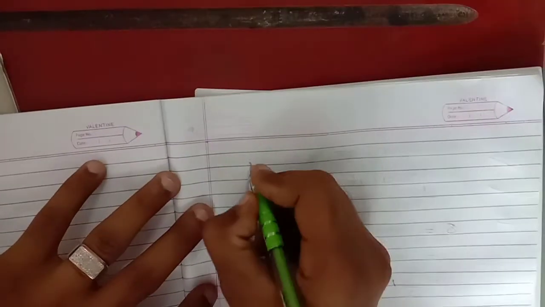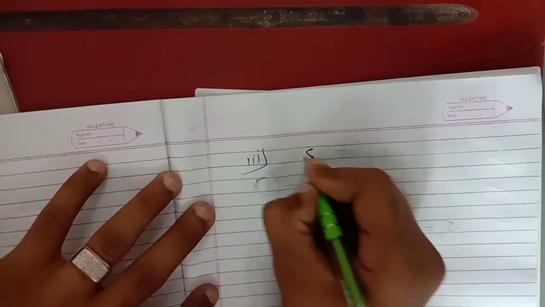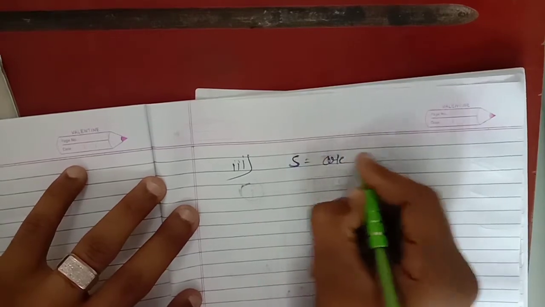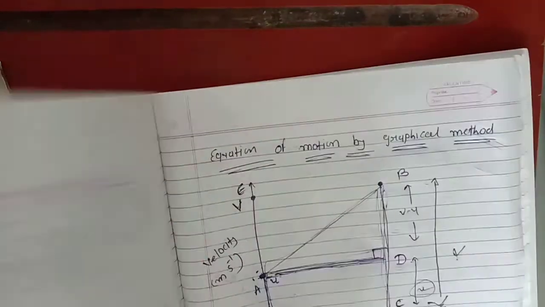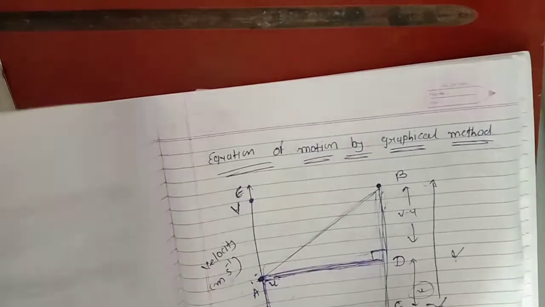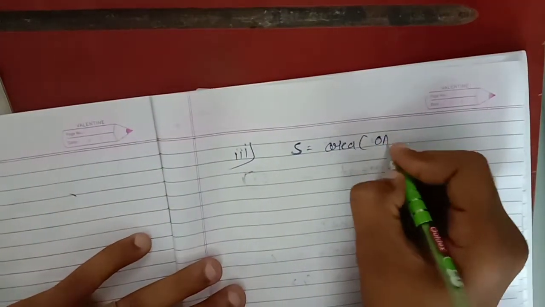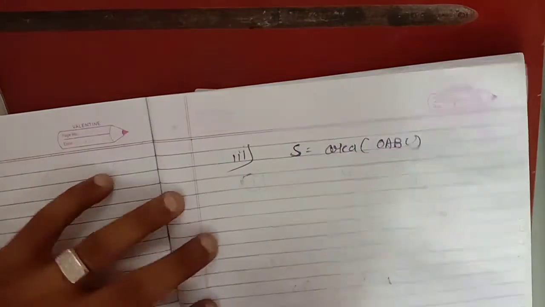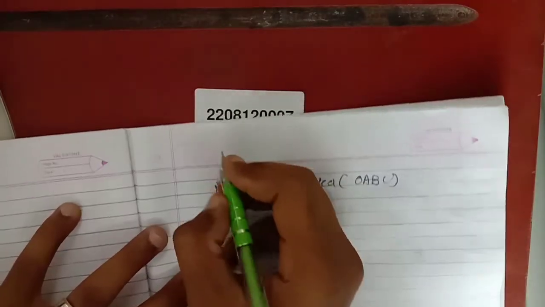To find the third equation of motion, we find the area of the trapezium OABC using the formula of the trapezium. Now what is the formula of the trapezium?